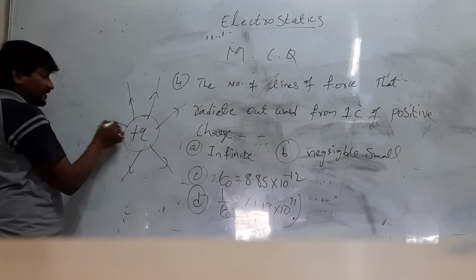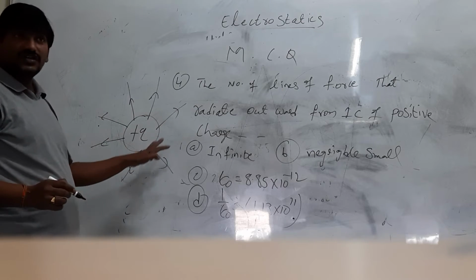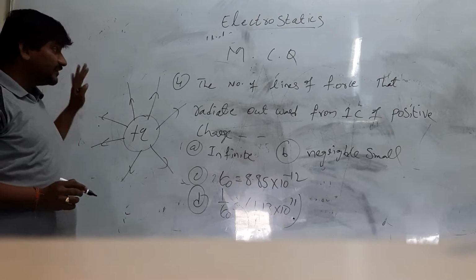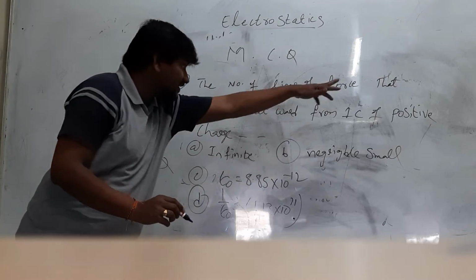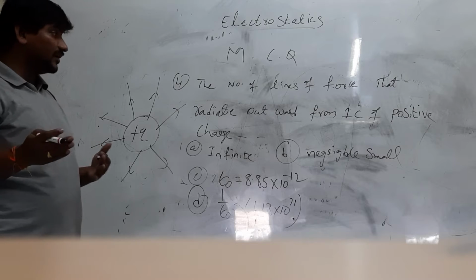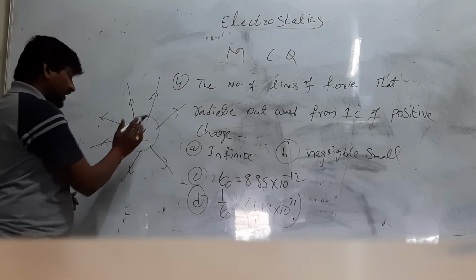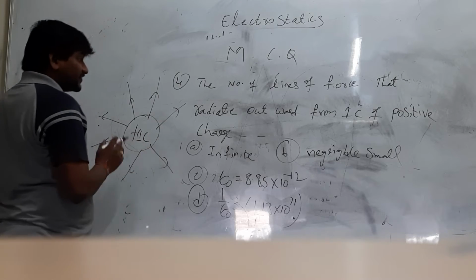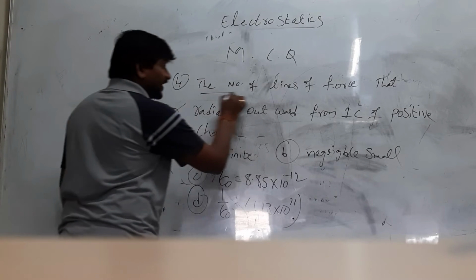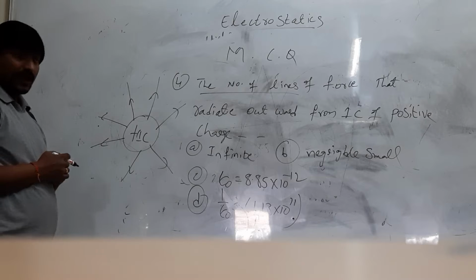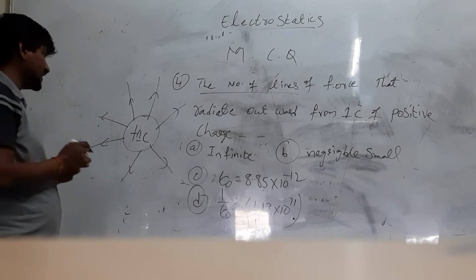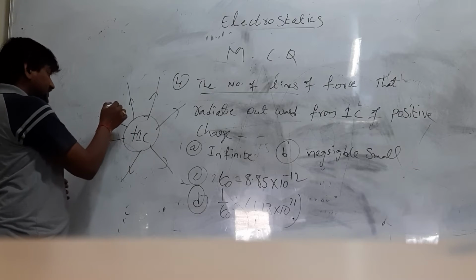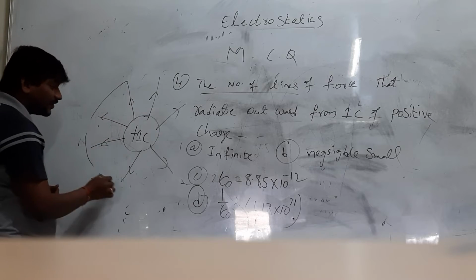So when the positive charge is emanating outward, the question is the number of lines of force that radiate outward from 1 coulomb of charge. How will we get to know the number of lines? Let us say this is a positive charge, and I want to find the lines radiating out.